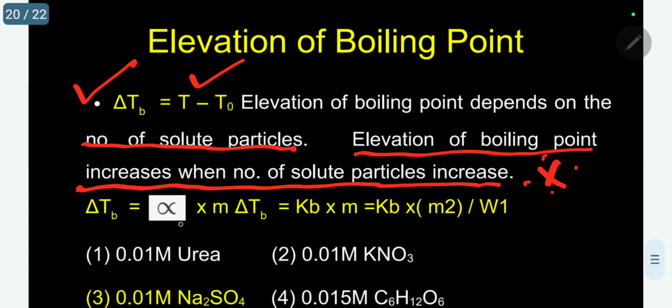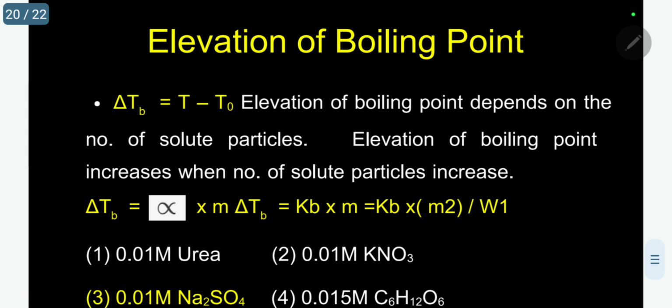So delta Tb is proportional to m. Then delta Tb equal to Kb into m.